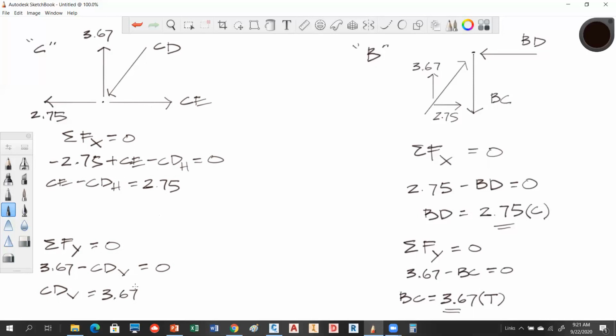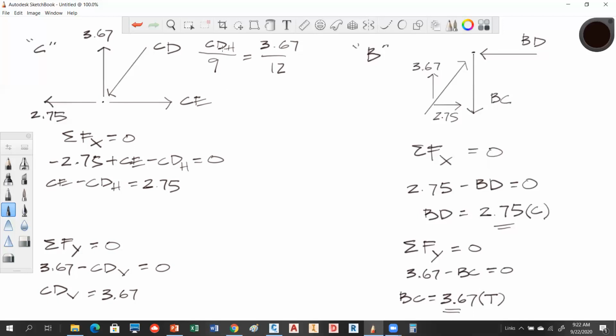So if I write that proportion, CD horizontal is to 9 as 3.67 is to 12. Now, if you had a negative here, you would put a negative up in this proportion because you got to get a negative for that guy as well, okay?